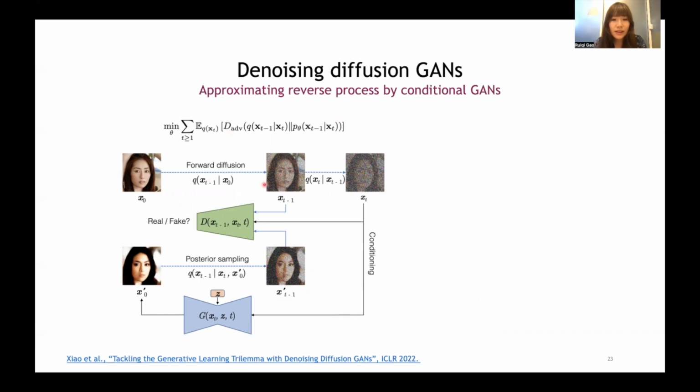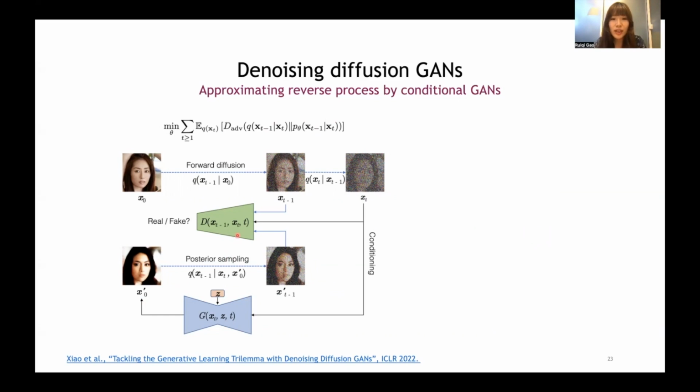We first get the samples x_{t-1} and x_t by running the forward diffusion process. Then the generator takes x_t as input, as well as the time step. It is trying to model x_{t-1}, but instead of directly outputting x_{t-1} from the network, it first predicts the clean sample x_0, and then samples x_{t-1} from the tractable posterior distribution.